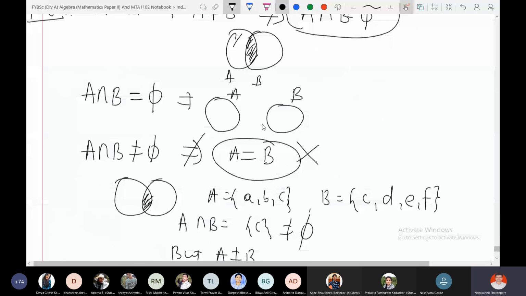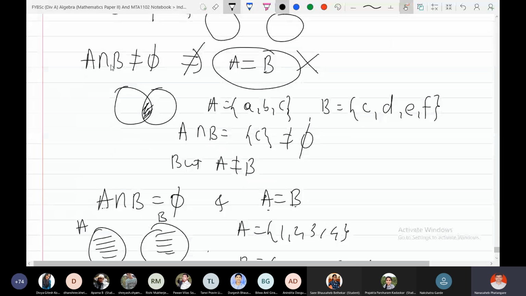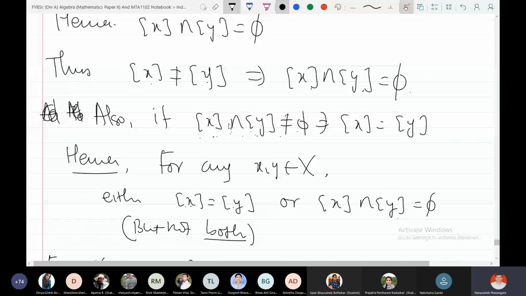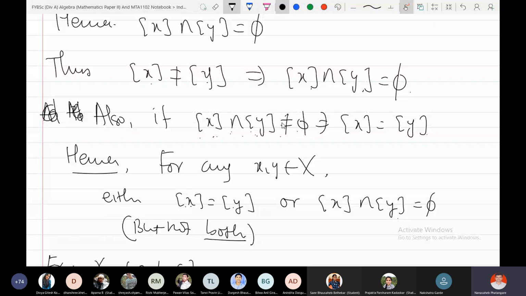In general, if two sets are not disjoint, they may not be equal. But in case of classes, if two classes are overlapping, they are completely overlapping. They are equal.